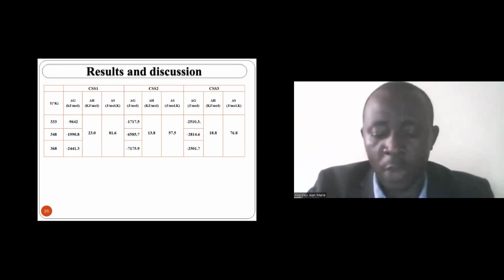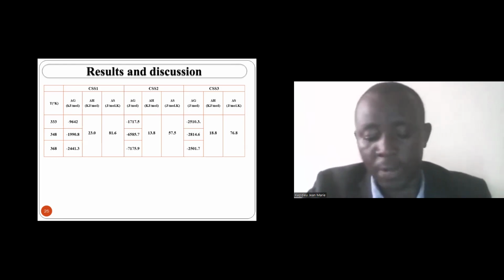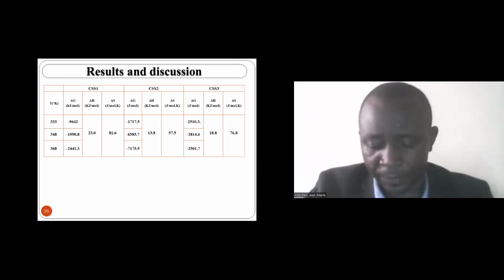Enthalpies were found to have positive values for all cases, showing that the adsorption process was endothermic for all the three adsorbents. And the positive values of the entropies show the randomness in the system.